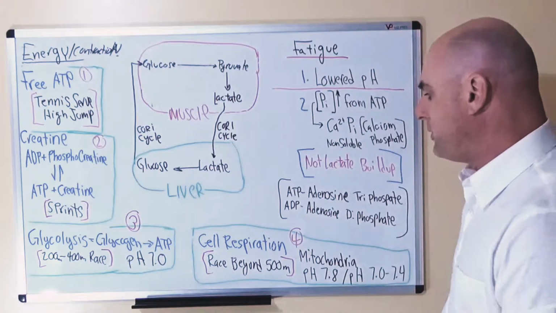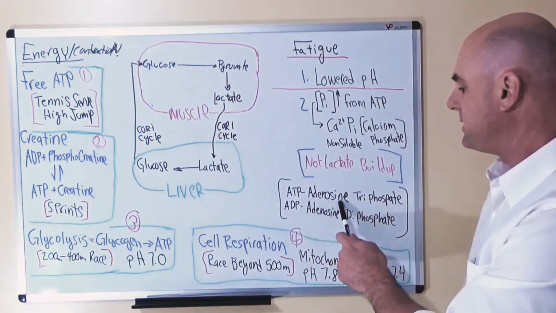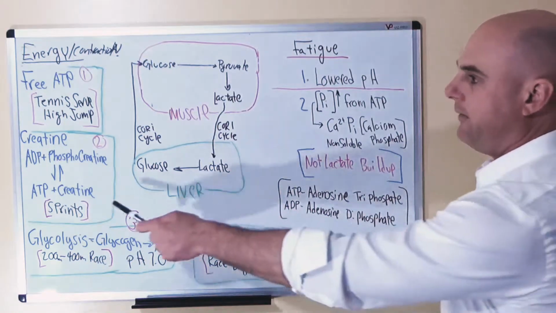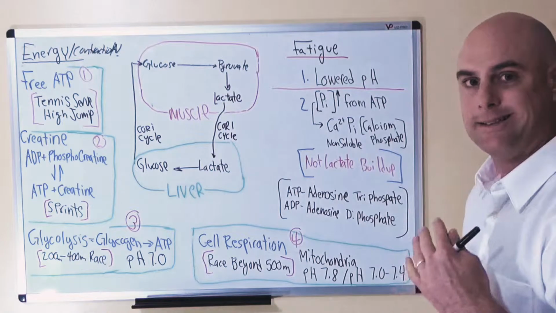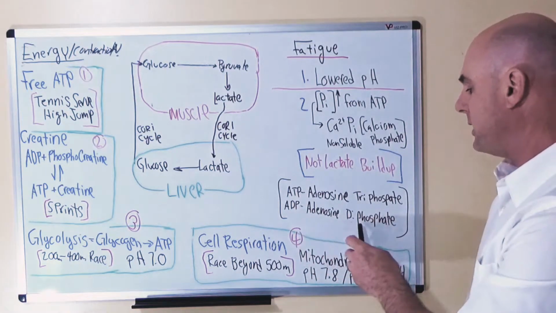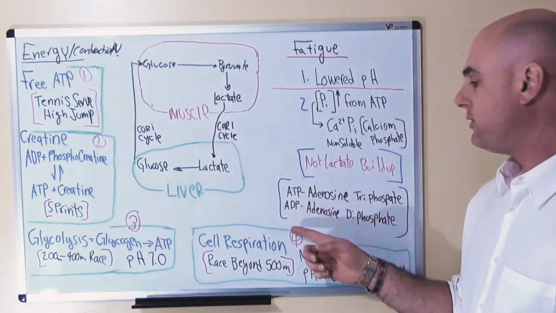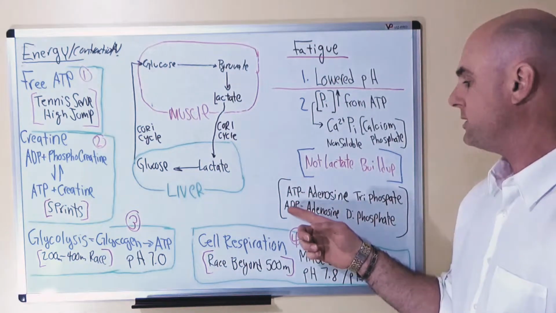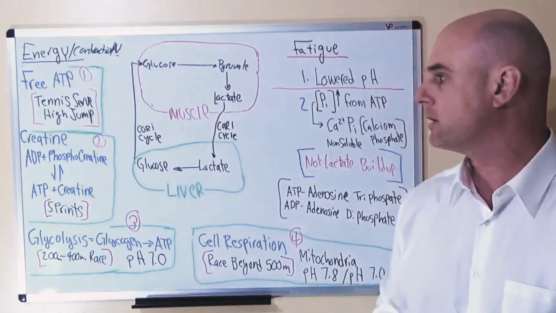Now, to step back and go into what ATP is, it's adenosine triphosphate, and the spent form of ATP, or ADP, is adenosine diphosphate. So ATP has 3 phosphates, ADP has 2. ADP is kind of the spent battery, and ATP is the energy molecule.